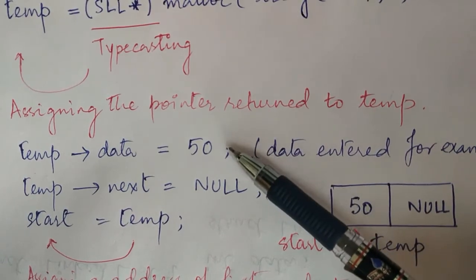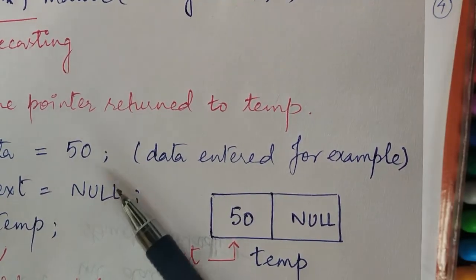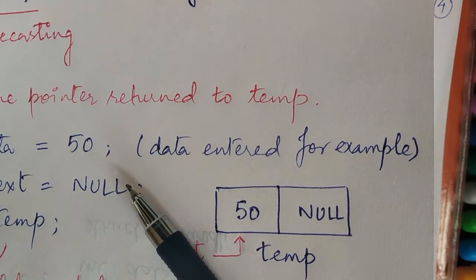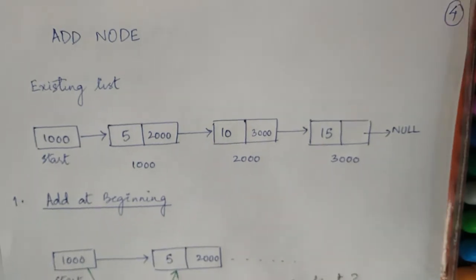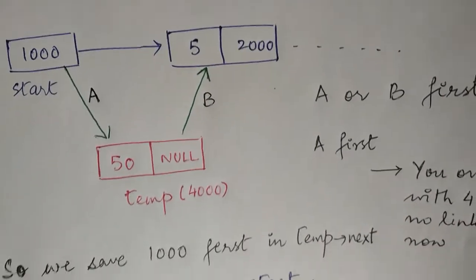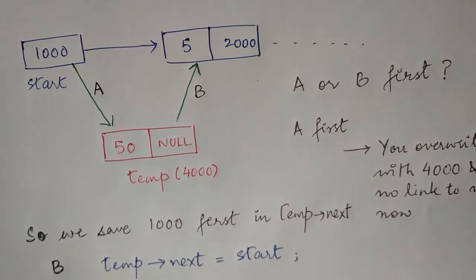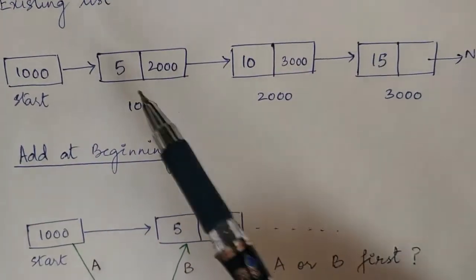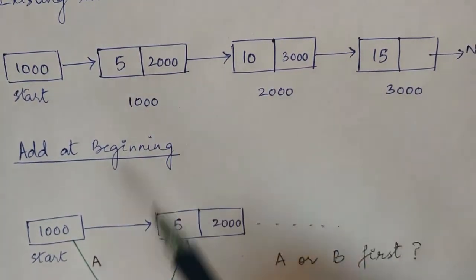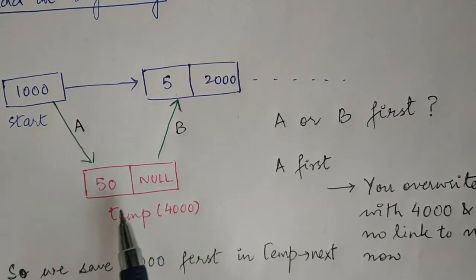So for now we'll do this and this, and we have something like this created without the start pointer being in the picture. So this is what we have created. I'm using the same node that we created. Now I want to add it in the beginning. What do you mean by adding at the beginning? That means now instead of 5 being your first node, you want this 50 node to be your first node.